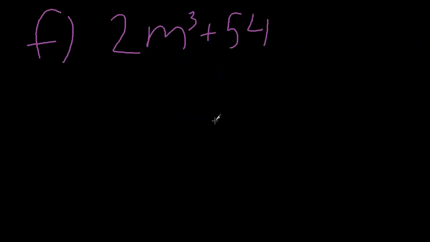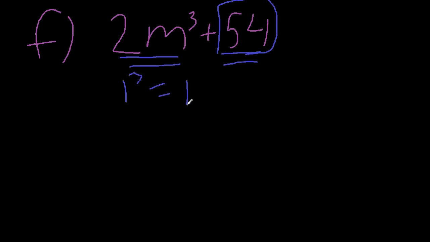Okay, problem F. First thing I'm going to do is try to rewrite this in terms of cubic numbers. I'm going to start with the number 54. So thinking about the cubic numbers, I have 1 cubed is equal to 1, 2 cubed is equal to 8, 3 cubed is equal to 27.